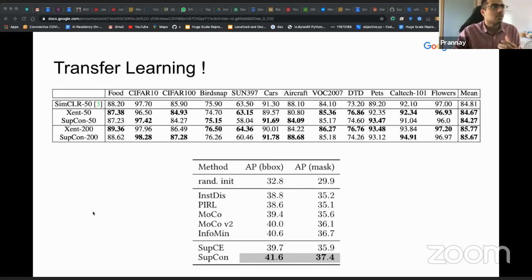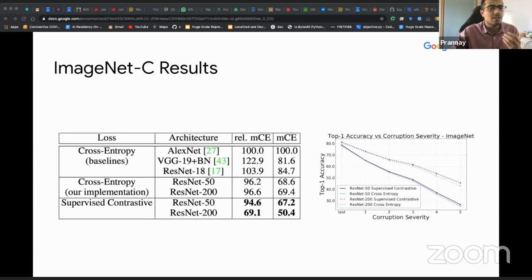We also see that we are actually much more robust to corruptions in the data set. So if you take the ImageNet test set and you actually corrupt it at various severity levels, as has been suggested by work done by Dan Hendrycks, you can construct this ImageNet-C data set, and we actually measure performance on that.